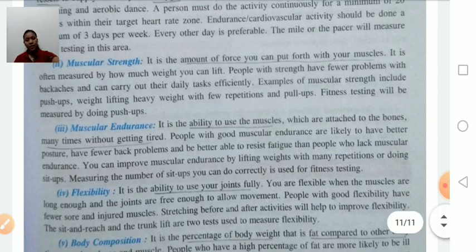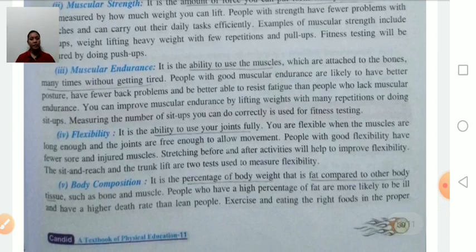Flexibility is the ability of your joint to move in maximum range.